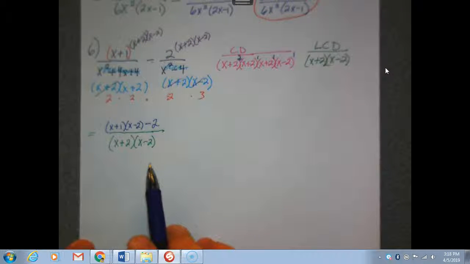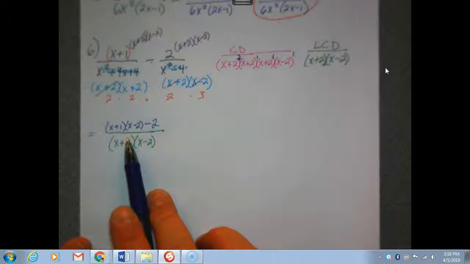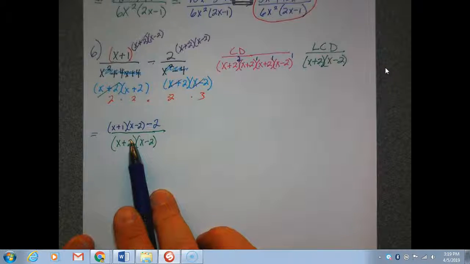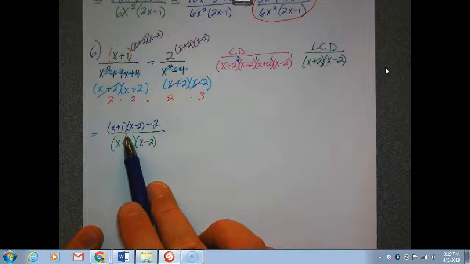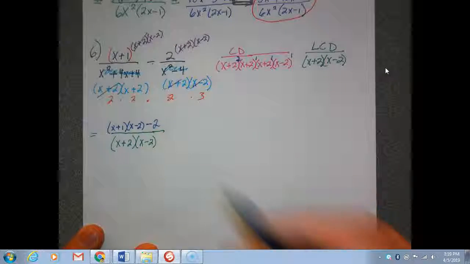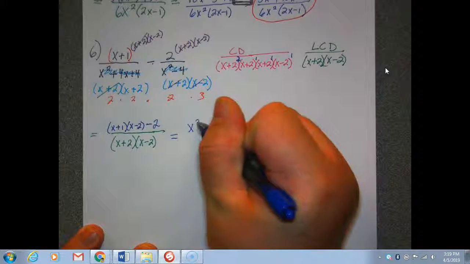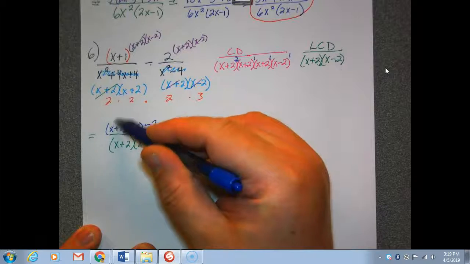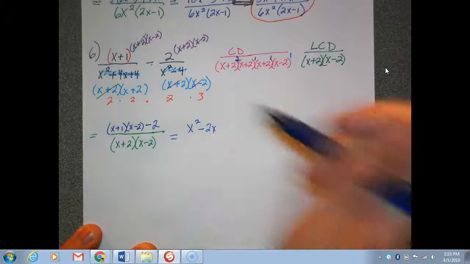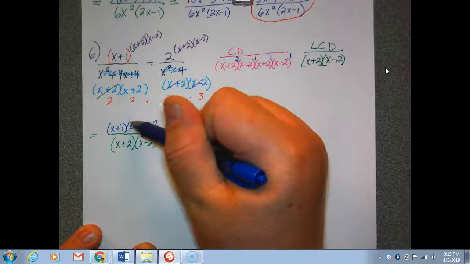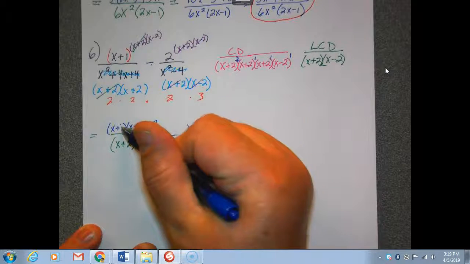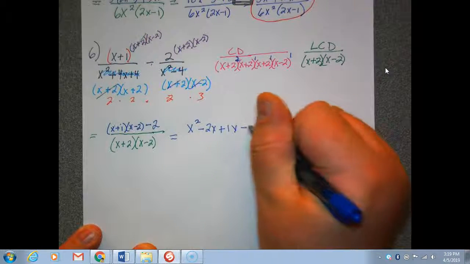I have to simplify this. So I'm going to have to multiply it all out. Okay, you have to foil the first ones, right? x times x is what? That's right, x squared. Outer, x times negative 2 is? That's right, negative 2x. Inner, 1 times x is positive 1x. And last, positive 1 times negative 2 is negative 2.